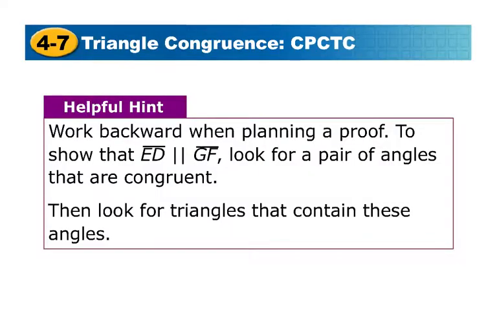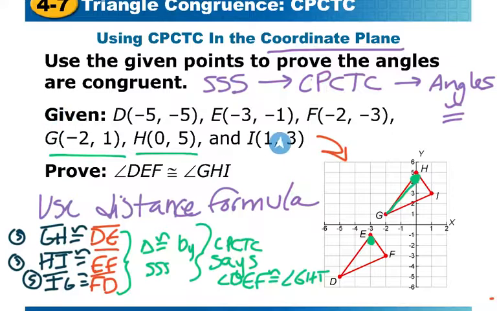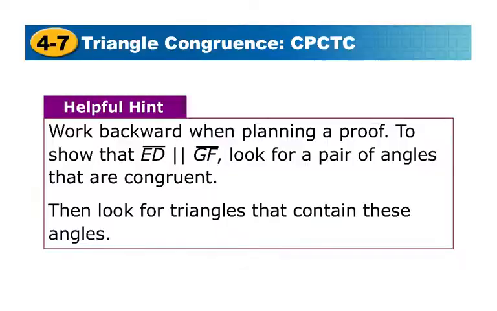All right. Taking a look here, a helpful hint is to work backward when planning a proof. Generally, when I do a proof, I'll go through the givens a bit, okay? But in this one, if we say we're going to prove this angle, how do we get to the angle? Well, the only thing we can do with these points is sides. So they're saying a helpful hint would be to work backwards.